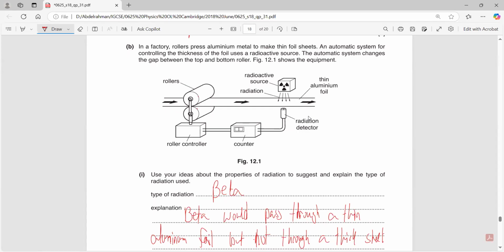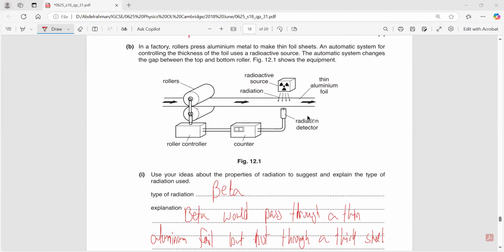The aluminum foil would be much thinner. I want it to be slightly thicker. What should you do to these rollers? Just pull them away, increase the distance between these rollers. You need to move them apart.